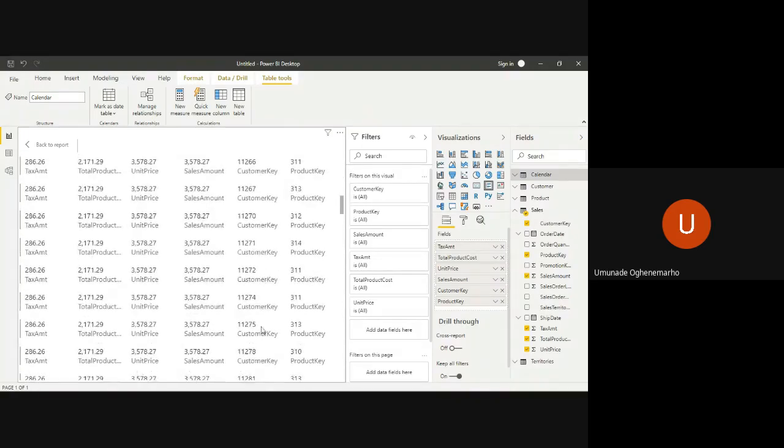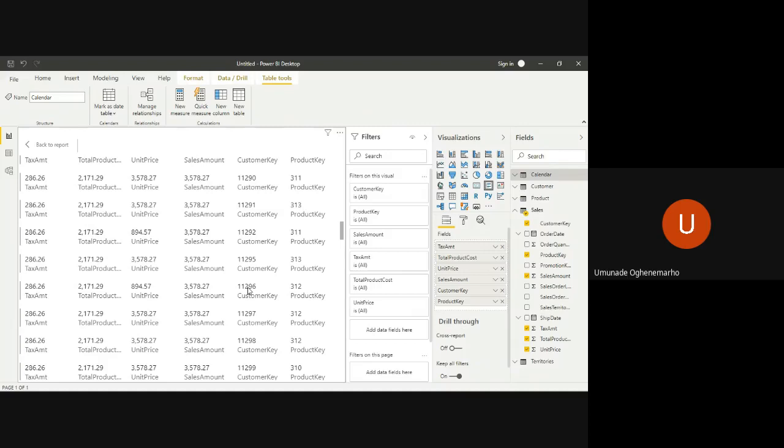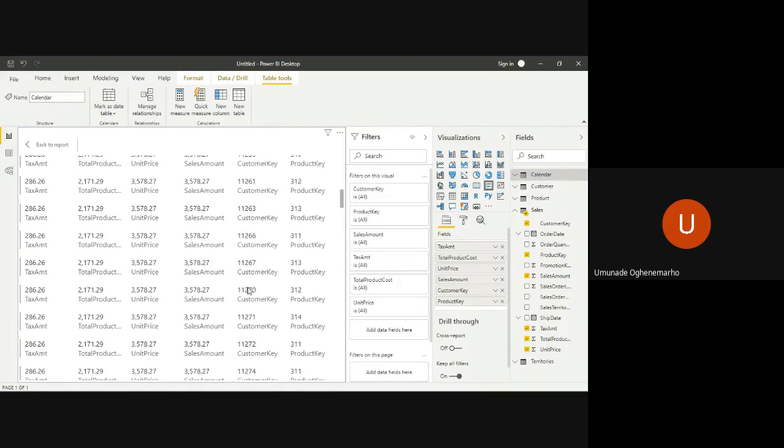In this case, we can see that the categorization is still based on customer key, because take note, one customer can buy numerous products. That's what I meant by Power BI will automatically choose the best categorical value for you. You can see that you have product keys appearing multiple times, but you don't have any customer key appearing multiple times, because Power BI automatically chooses the best categorical value for you.